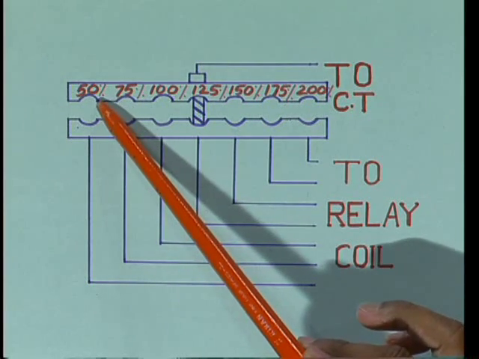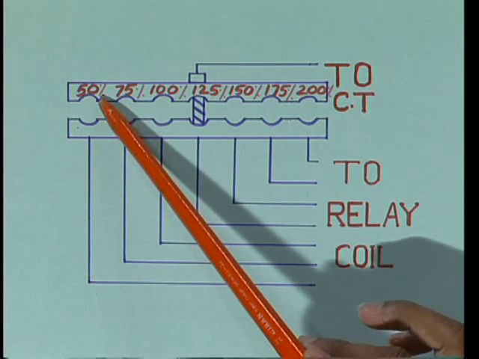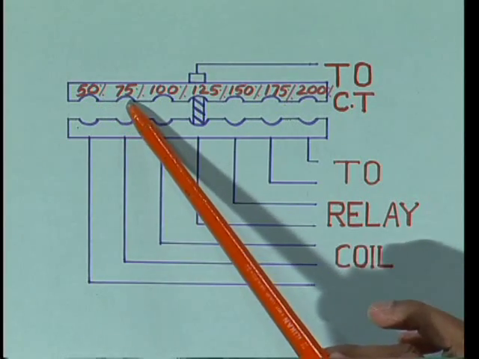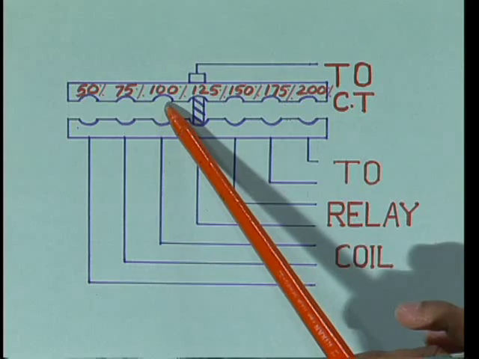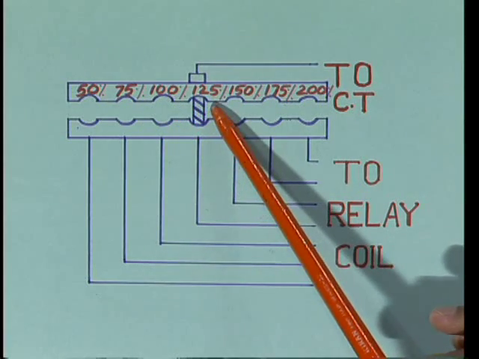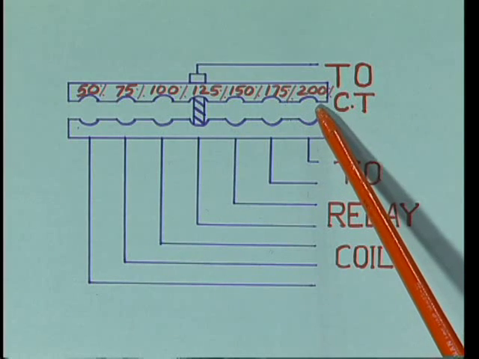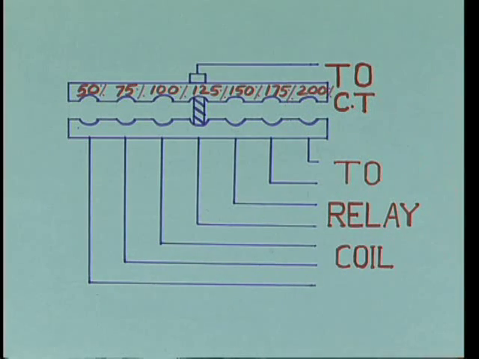So this is 50%, this is 75% of rated value, this is 100%, this is 125%, this is 150%, this is 175%, and this is 250%. Normally these relays range from 50 to 200% in steps of 25%. Like this we can change the current setting of the relay.